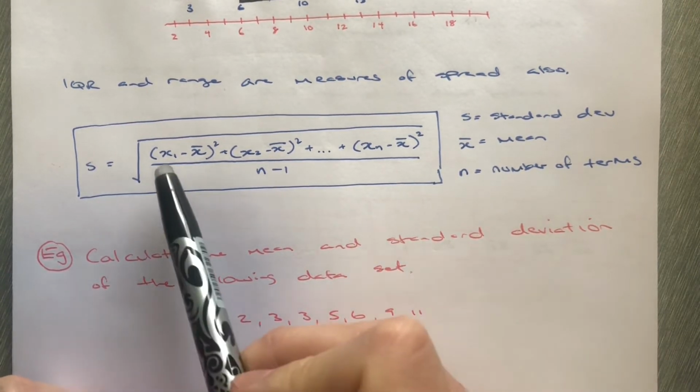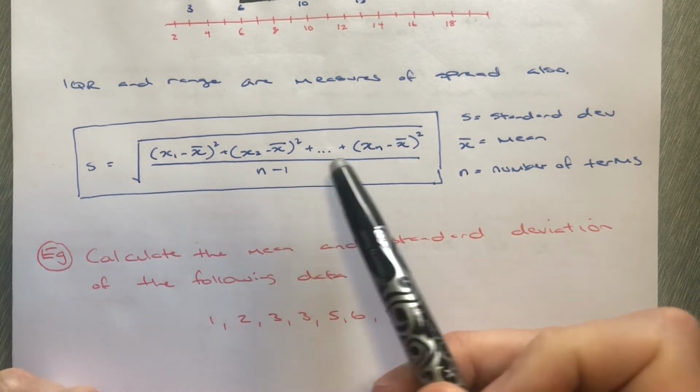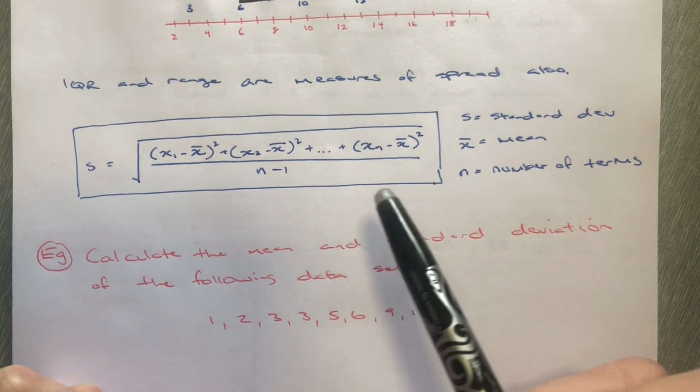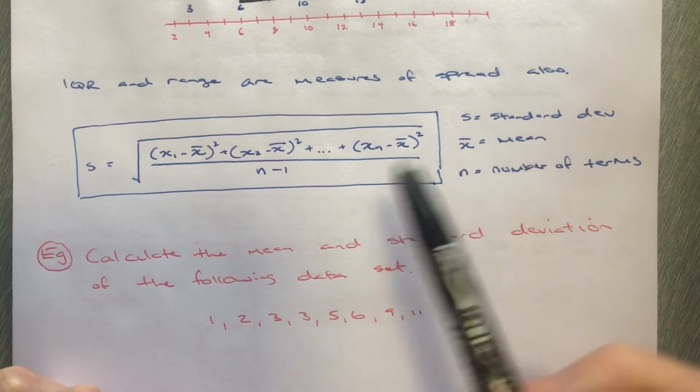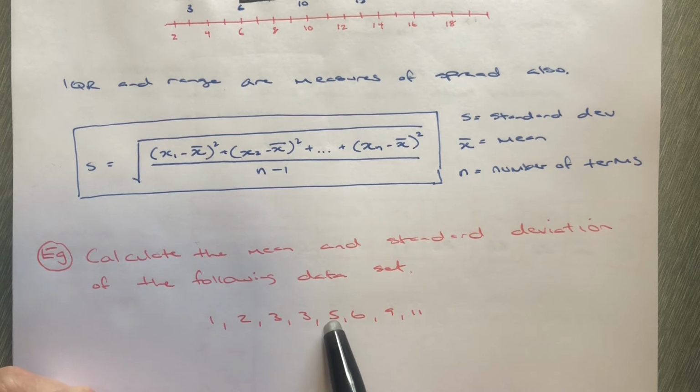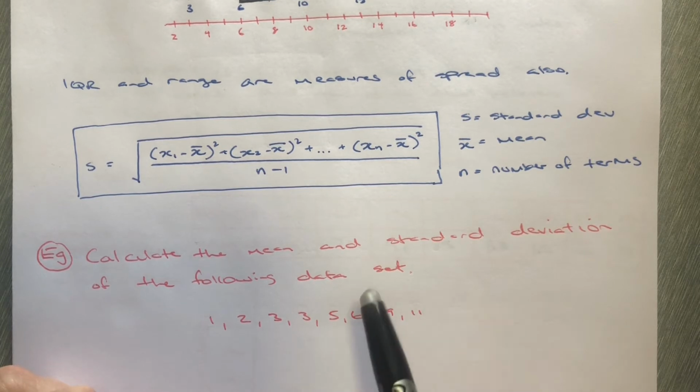Now I just want to talk about what each of these things actually mean. All these x's, so x1, x2, x3, x4, all the way up to whatever, are just the different numbers that you've got in your data set. So my x1 for this data set down here, which we'll use soon, is going to be 1, my x2 is going to be 2, my x3 is 3, my x4 is 4, my x5 is 5, etc. So it's just all the numbers that you've got in your set.